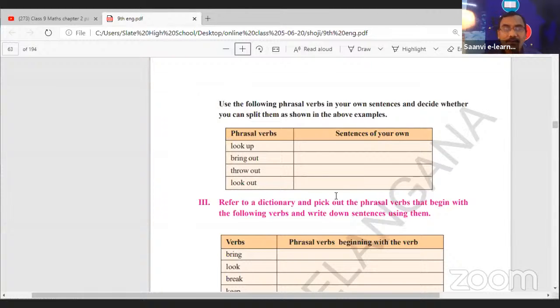Then the sentence: she needs her friends to bring her out of herself. She needs her friends to bring her out of herself.